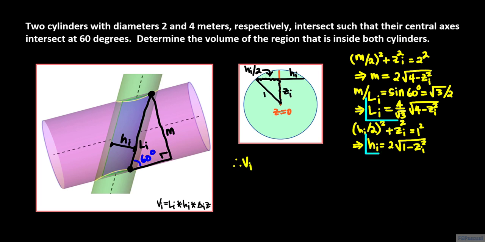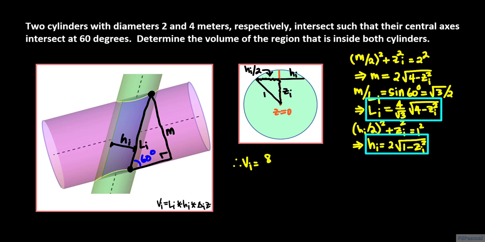And so using these formulations of L sub I and h sub I in terms of z sub I, v sub I is equal to 4 divided by the square root of 3 times the square root of 4 minus z sub I squared times 2 times the square root of 1 minus z sub I squared times the thickness, which is delta sub iz.